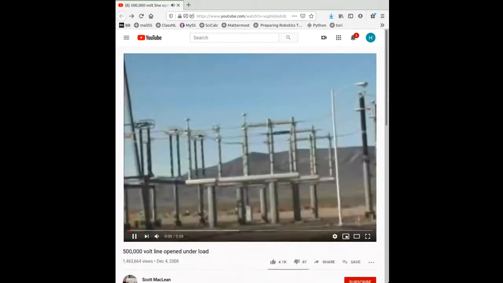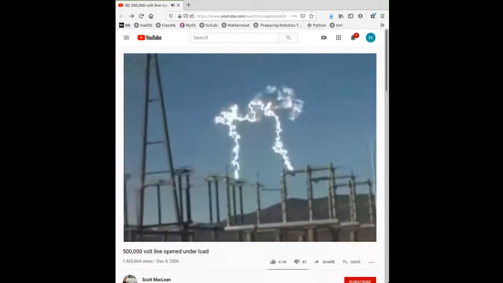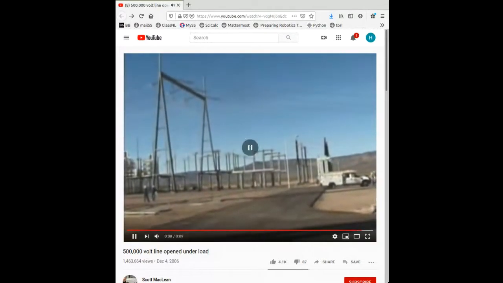Oops, wanted to replay it. All right, so this is showing what happens when we had that blackout, right? We just had massive, all these breakers tripping because they had too much current flowing through them.